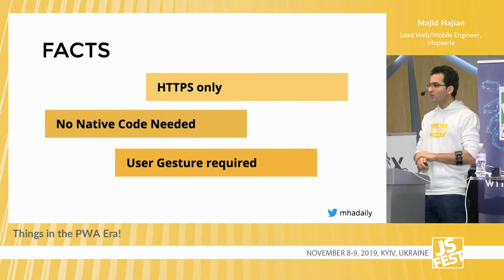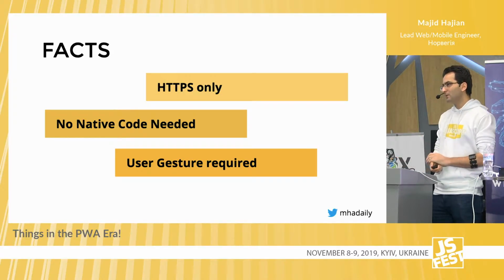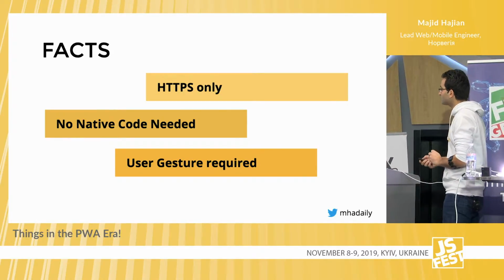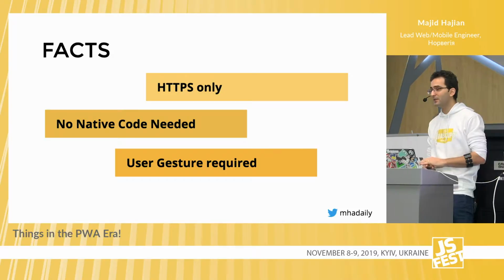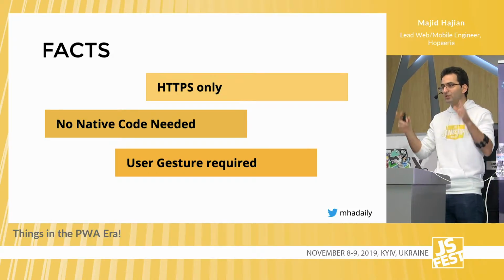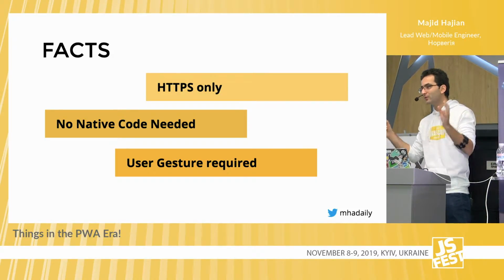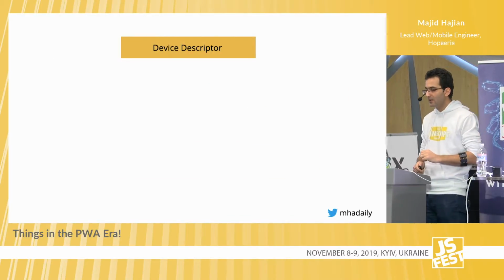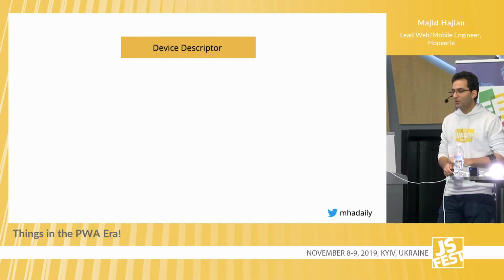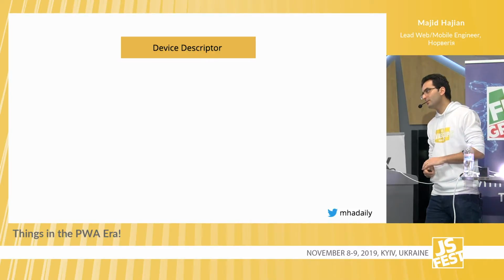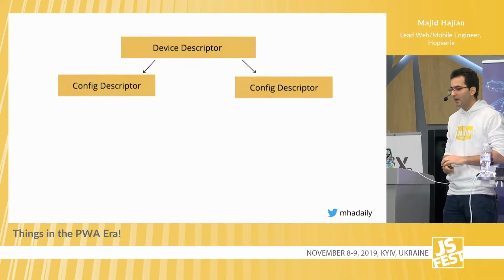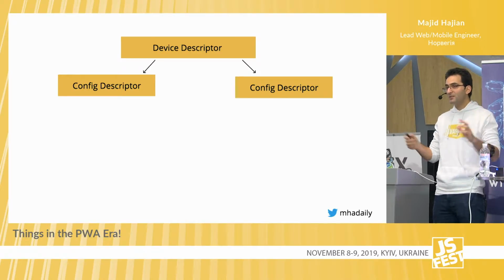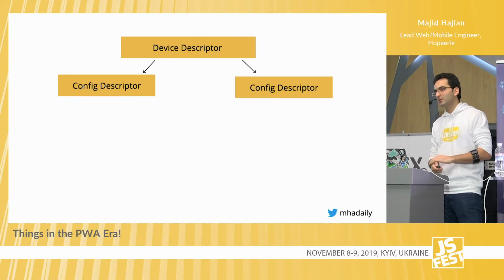And of course, with WebUSB there are multiple facts, and the thing is that a user gesture is always required when you are requesting a device, USB or Bluetooth. Let's have a look at the hierarchy. You have a device descriptor, which is a USB device, and the device is going to have multiple config descriptors, right?